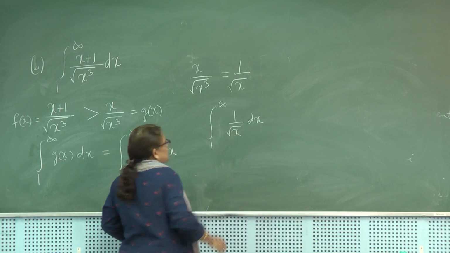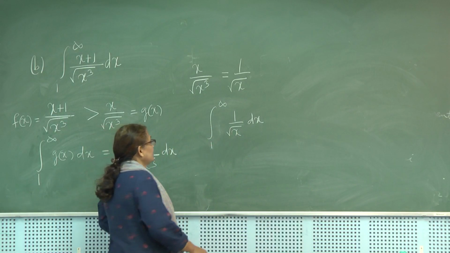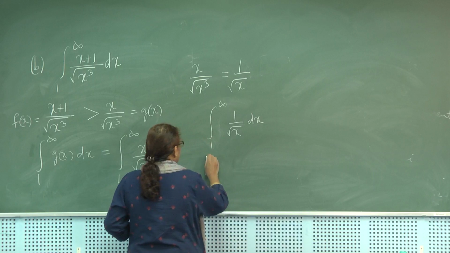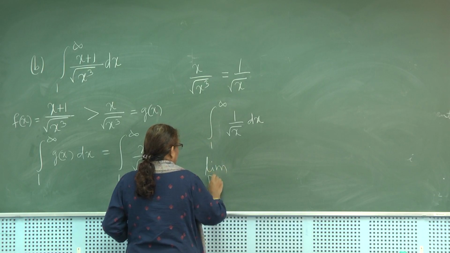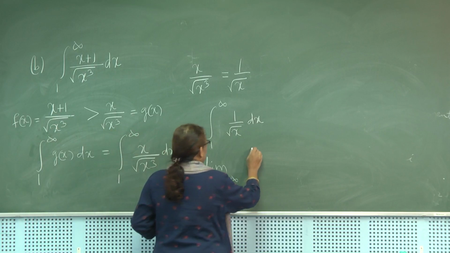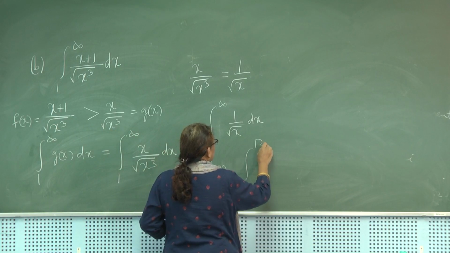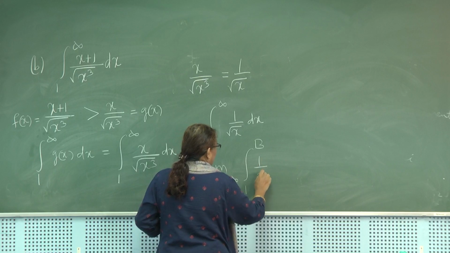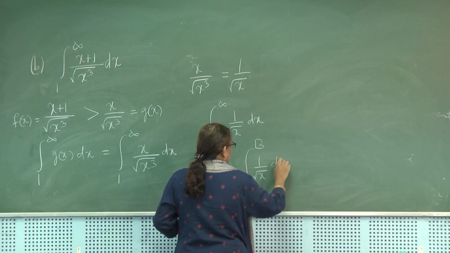For the convergence of this improper integral, you can check the limit b goes to infinity of the integral 1 to b of 1 upon square root of x dx.